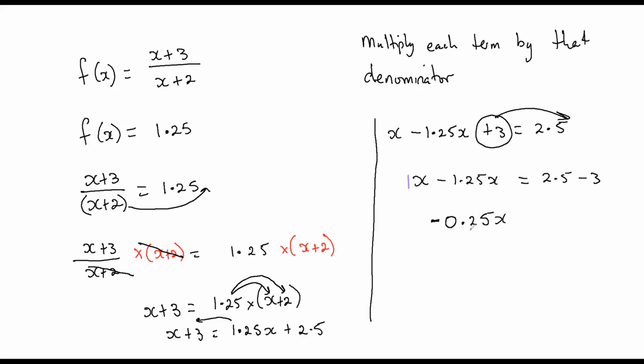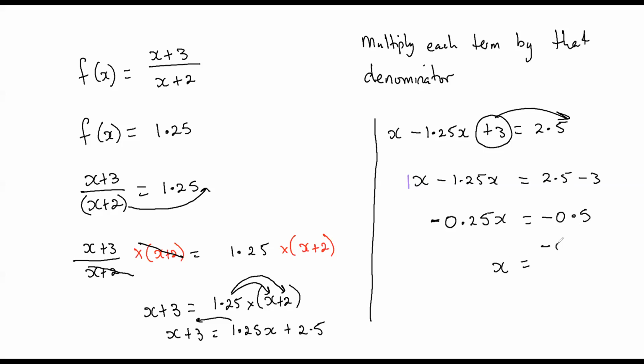Because if something costs $1.25 and you only have $1, that means you're owing 25 cents. Same principle. And 2.5 take away 3 is minus 0.5.